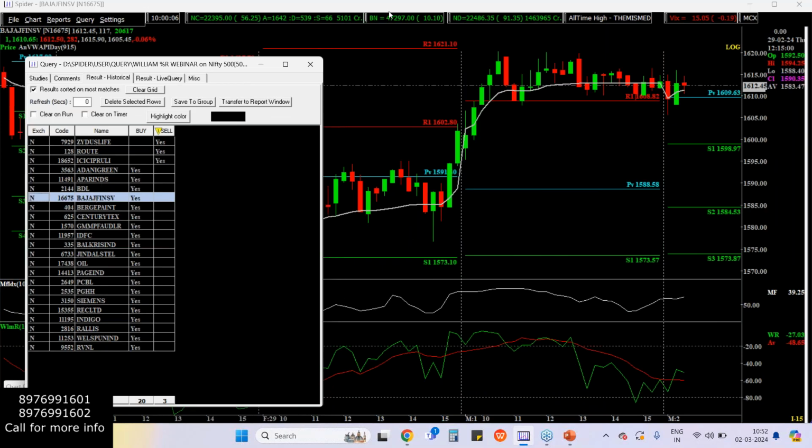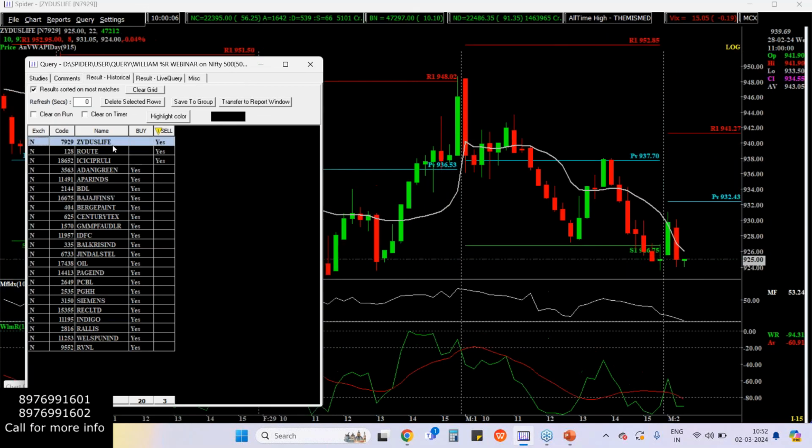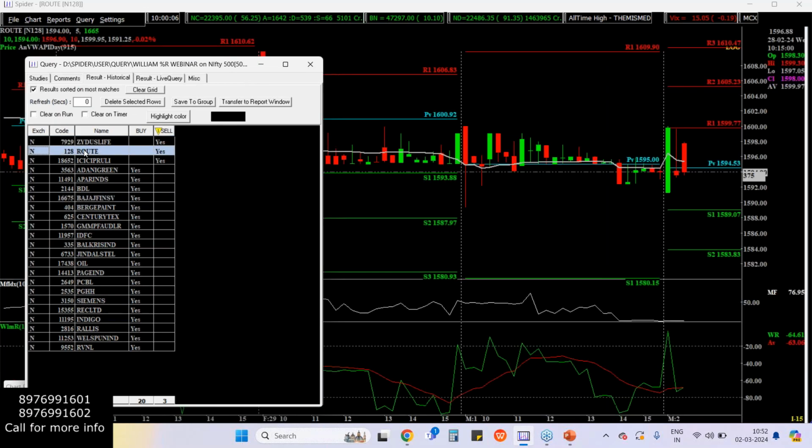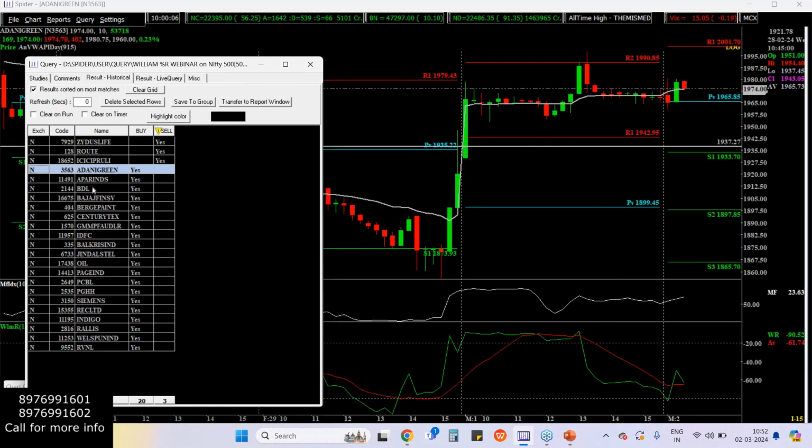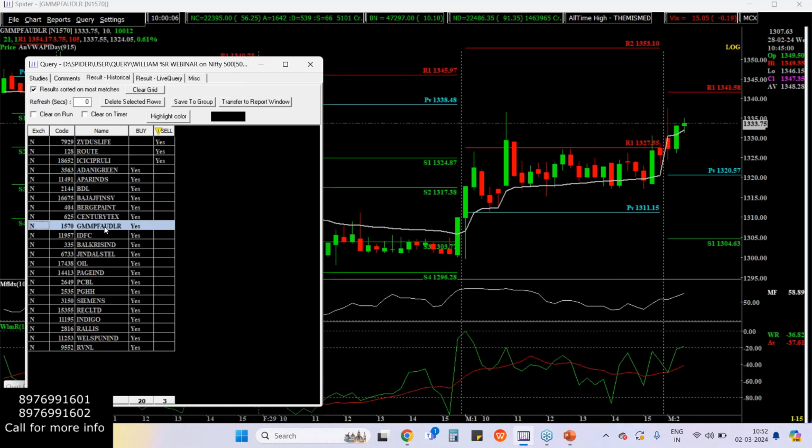And if there is a negative response in your advance decline ratio, you will enter only into the sell side stocks. As of now, you can see that the advance decline ratio today was positive, so you would enter only into the buy side stocks.